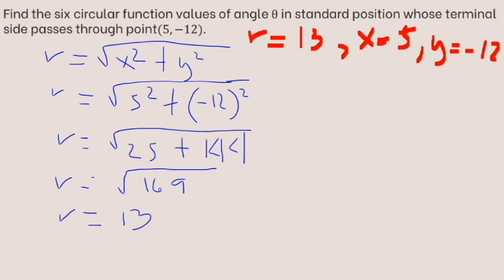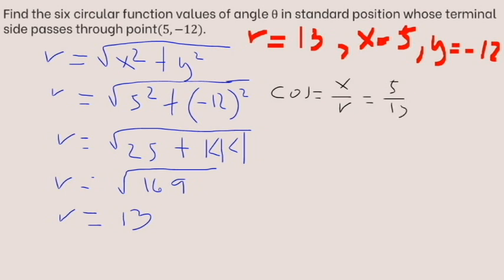To get the six circular functions, let us first determine the cosine. For cosine theta, the ratio is x over r. So our x is 5 over r is 13.